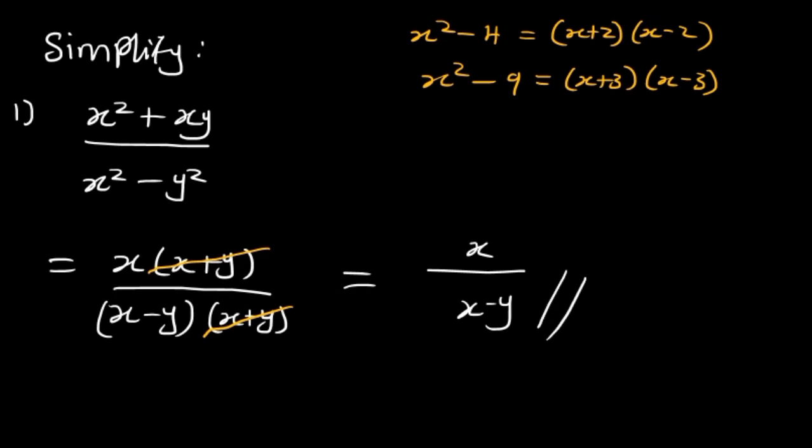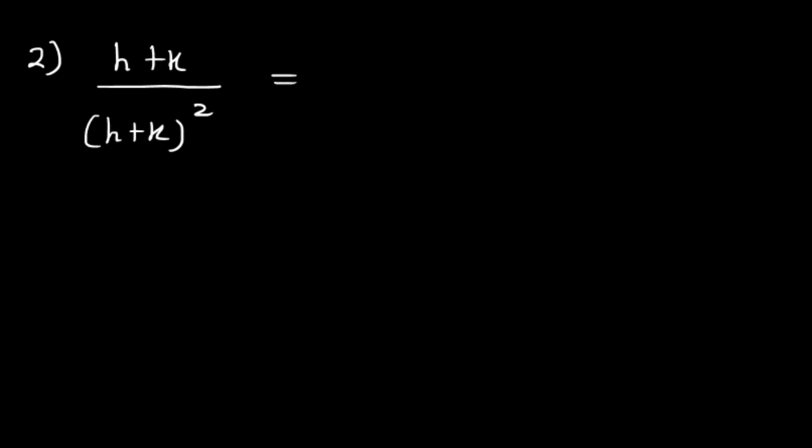So let's try another one. Number 2: h plus k, all this divided by h plus k all squared. This can be written as h plus k, and when we square all this, it means a double of this.